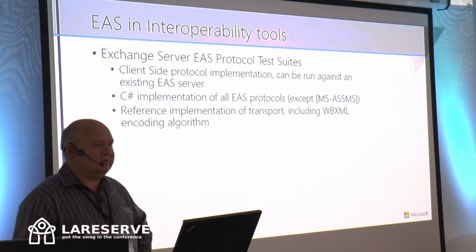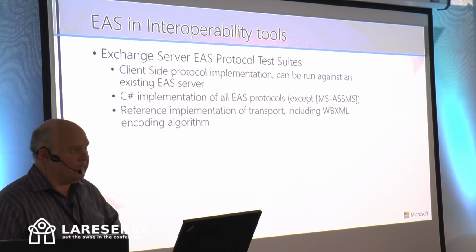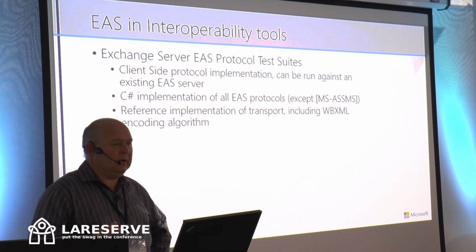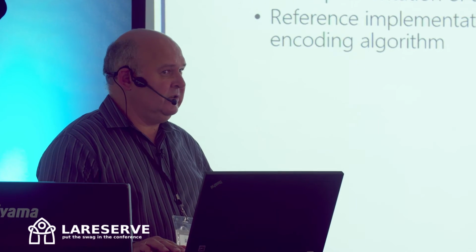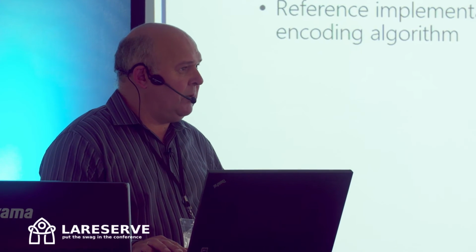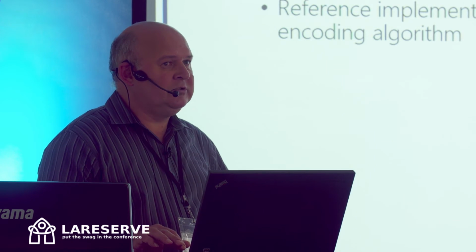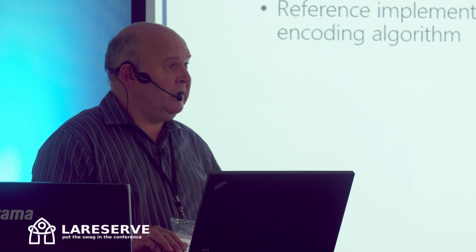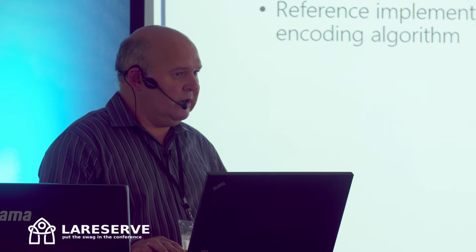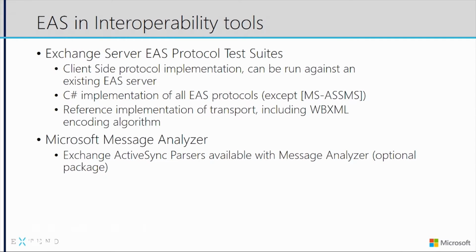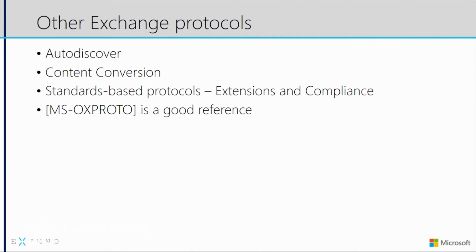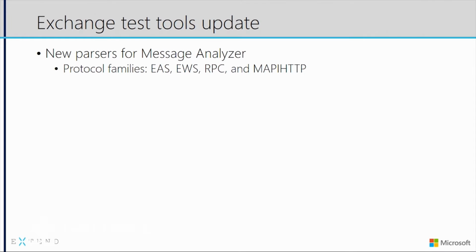EWS provides rich data as well, and in fact, Outlook for Mac is using EWS. And ActiveSync is the protocol of choice for mobile devices. But now we know that more and more mail applications are starting to use Graph APIs for the mobile world. So we have support in interoperability tools. And as I mentioned, there are other Exchange protocols that I'm listing. You will have access to this presentation.